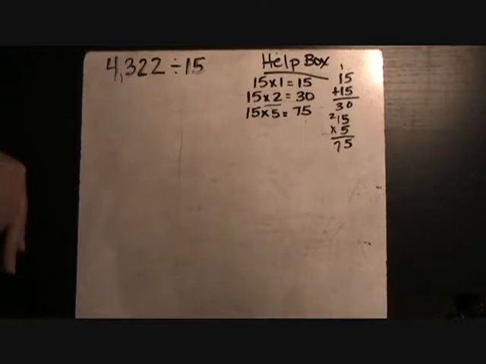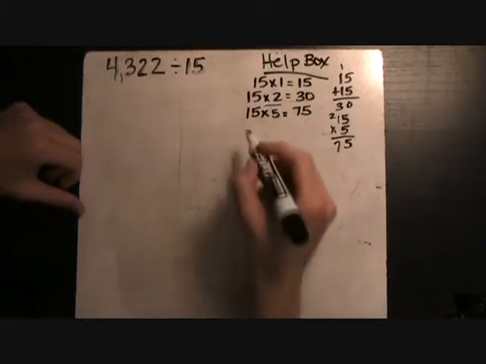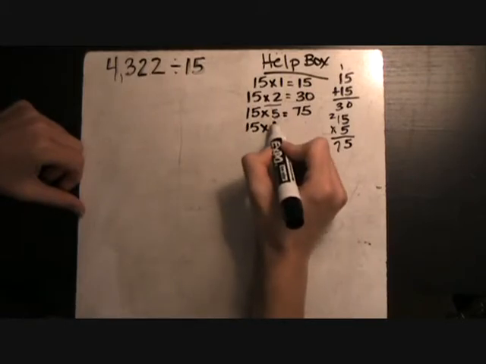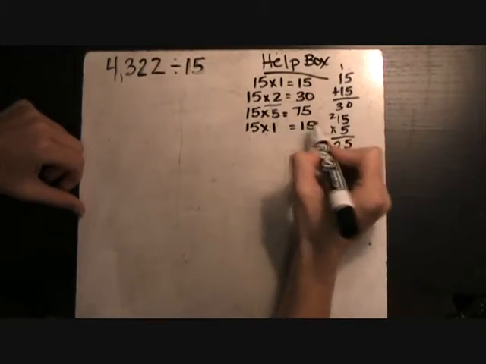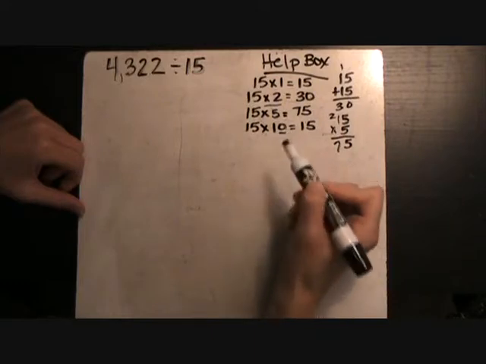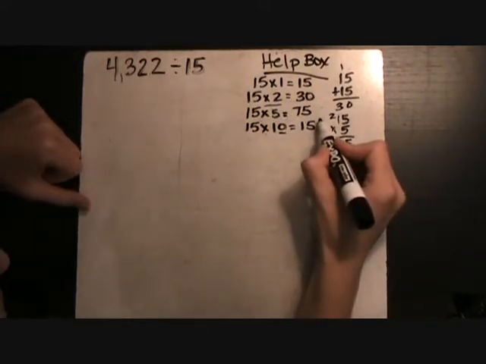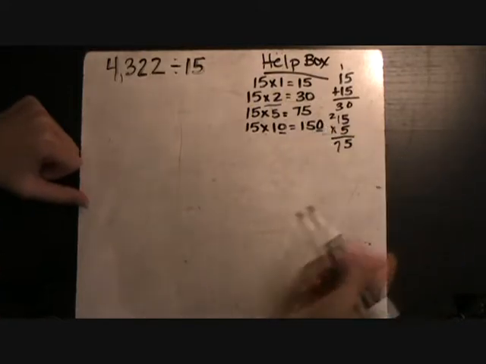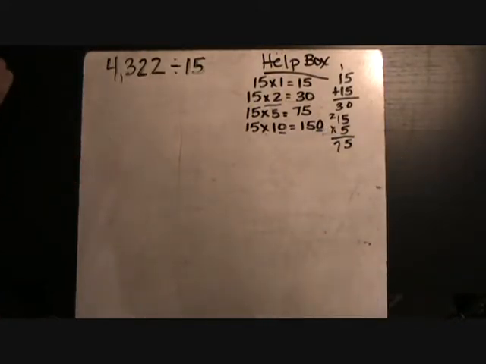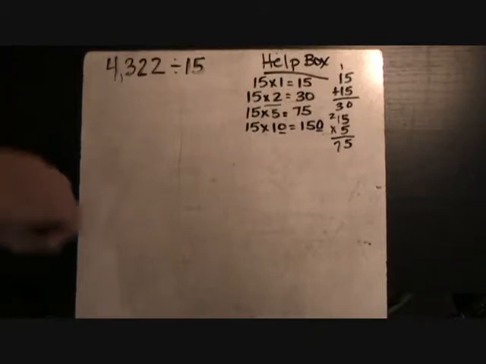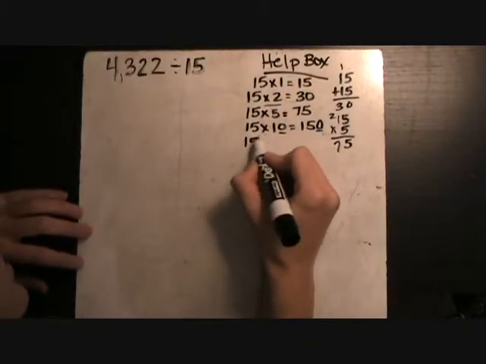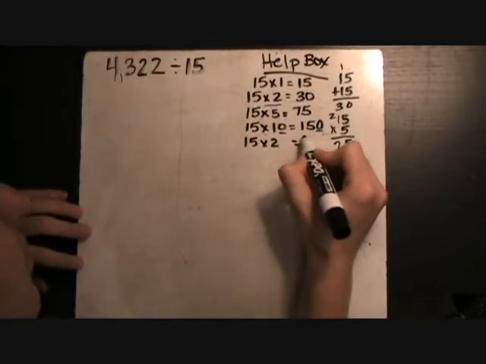Now from that, I can also continue on. 15 times 1 was 15. So if I add a 0 to the 1, it now becomes 15 times 10. And then all I have to do is add a 0 to my answer or my product. The answer of 15 times 10 is 150. 15 times 2 was 30.